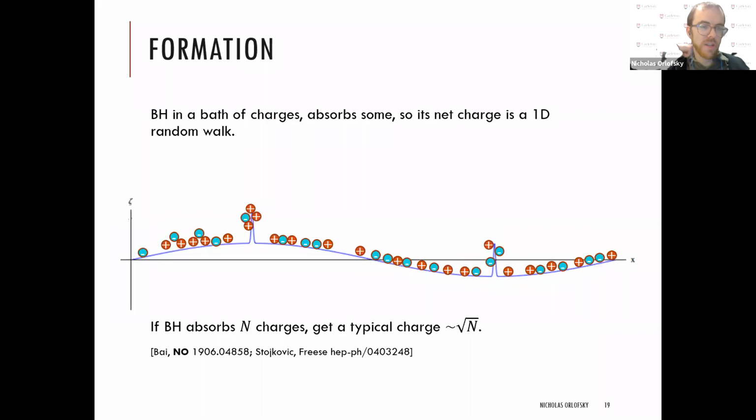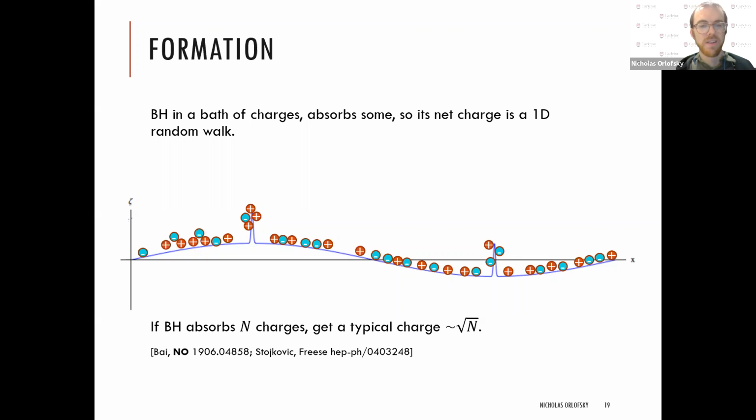Now, in terms of actually getting charges in the black hole, I'm not going to put any equations or anything. I'm just going to schematically draw it and refer you to this Katie Freese paper that I was mentioning before, as well as my previous paper, if you want to know a little bit more about this. But essentially, what happens is you can have some charge imbalance in the collapsed region itself. So the black hole collapsing in some region that happens to have a little bit more positive than negative, or vice versa.